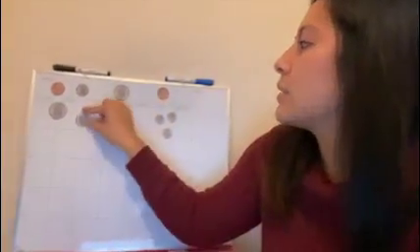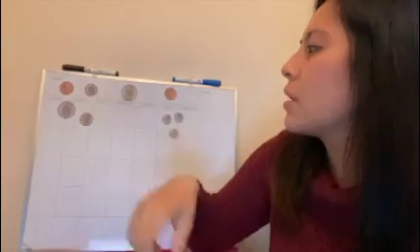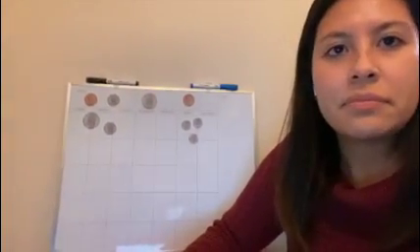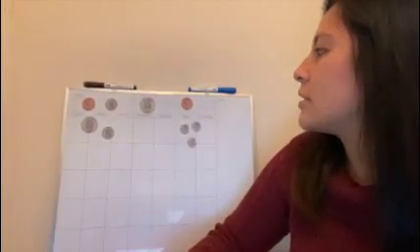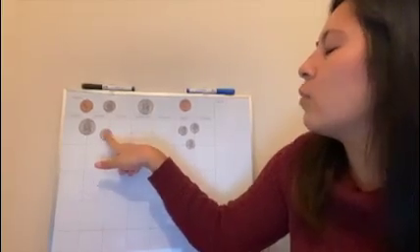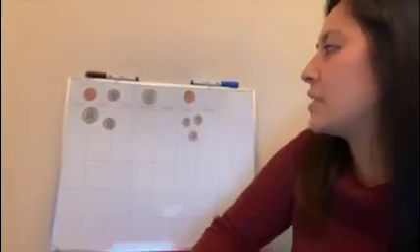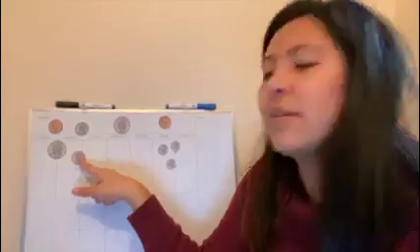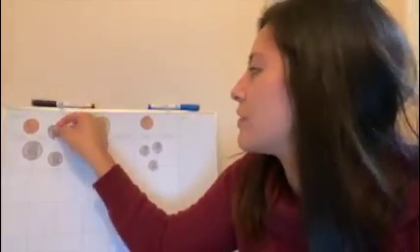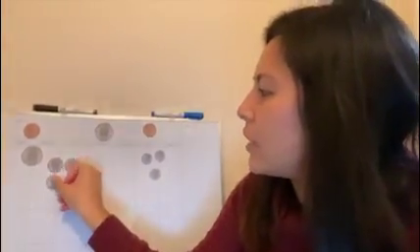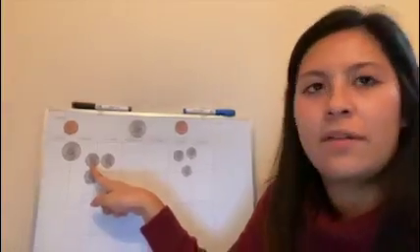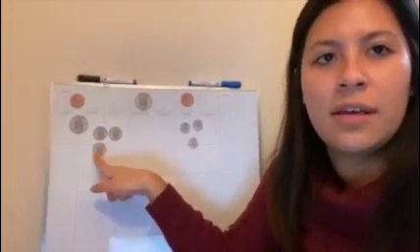Let's think about this. If we give him 1 nickel, that's 5 cents. We give him another nickel, that's 10 cents. We give him another nickel, 5, 10, 15 cents.